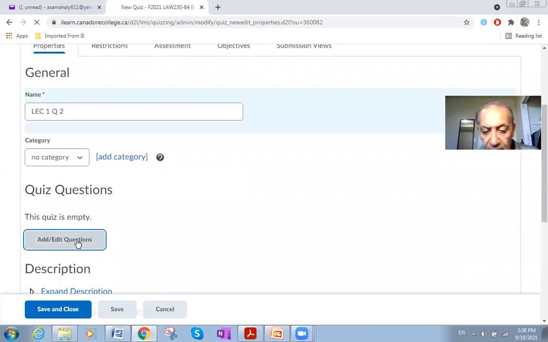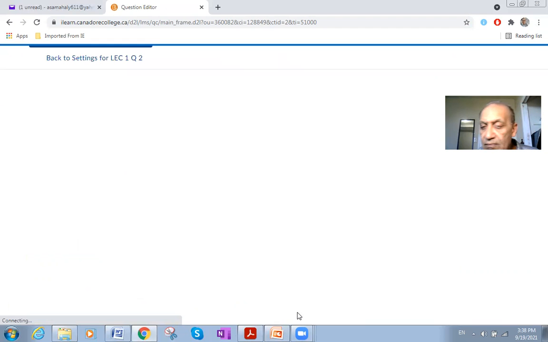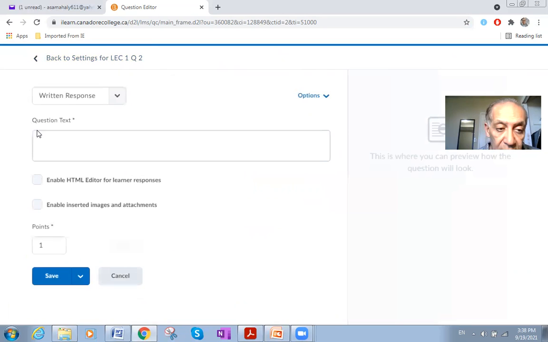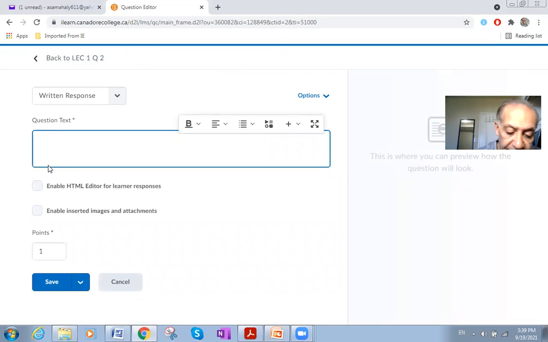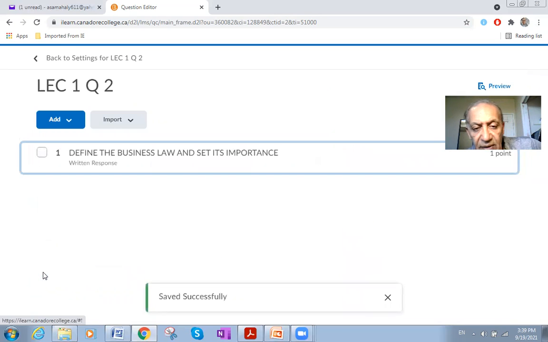And here, what we will say is, define the business law and set its importance. Say why the business law is important.